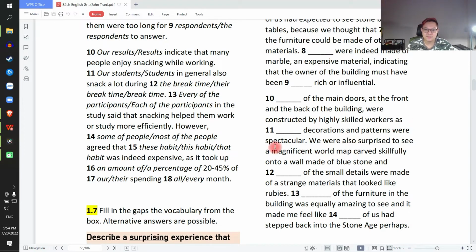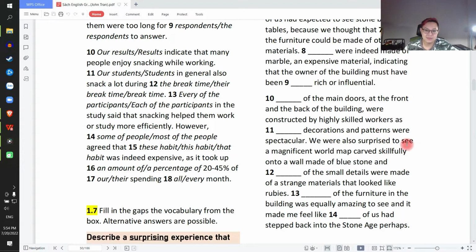Spect là nhìn ngắm, soi; acula đến từ chữ calculate, nhìn ngắm soi tính toán. Nói chung là spectacular, ngoạn mục, mục là nhìn đó, spect.